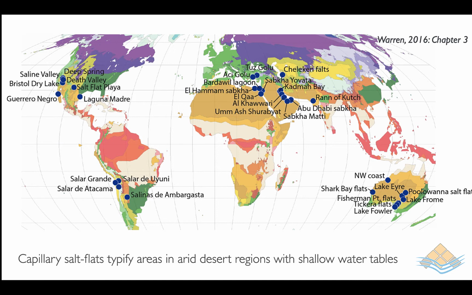And of course the commonality here is they're all forming in regions with relatively shallow water tables, both in the marine margin setting and in the continental interior setting. And this is superimposed on a Köppen climate map. And you can see that the majority of these saline mudflats sit in the browns, which are the arid to semi-arid desert belts north and south of the equator.